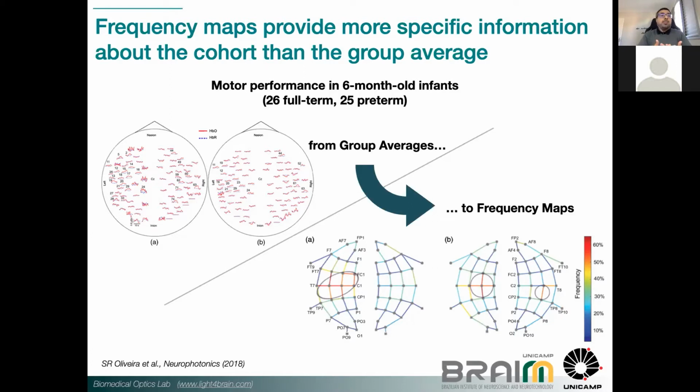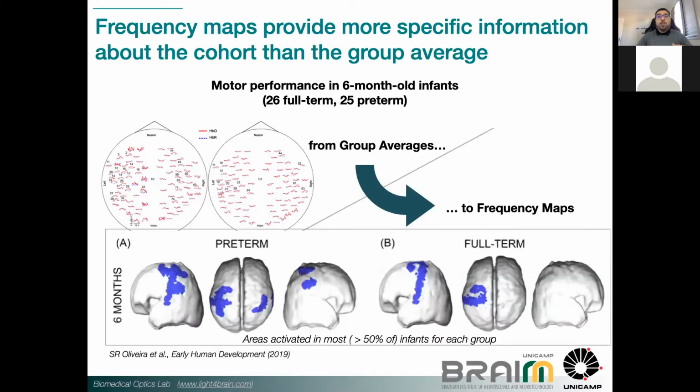You can do that as a topography like we've been seeing here, or you can transform this topography and just, for example, show the areas that activated in more than half of your sample for the group, right?